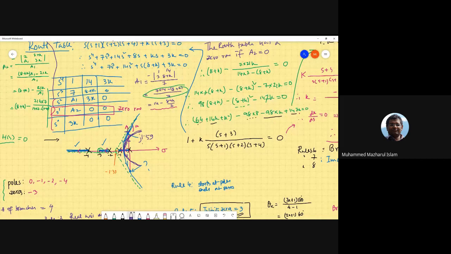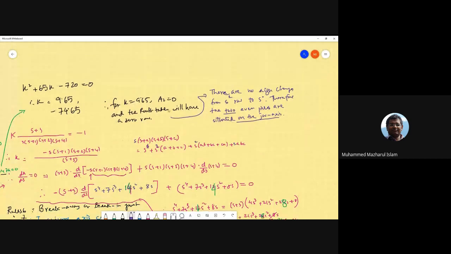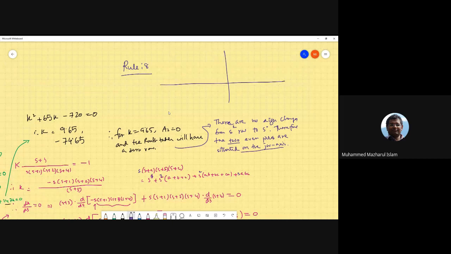The last rule, rule number 8, is to find out the angle. Let's see whether you can understand this. Let's say we have a pole-zero plot of a system like this.